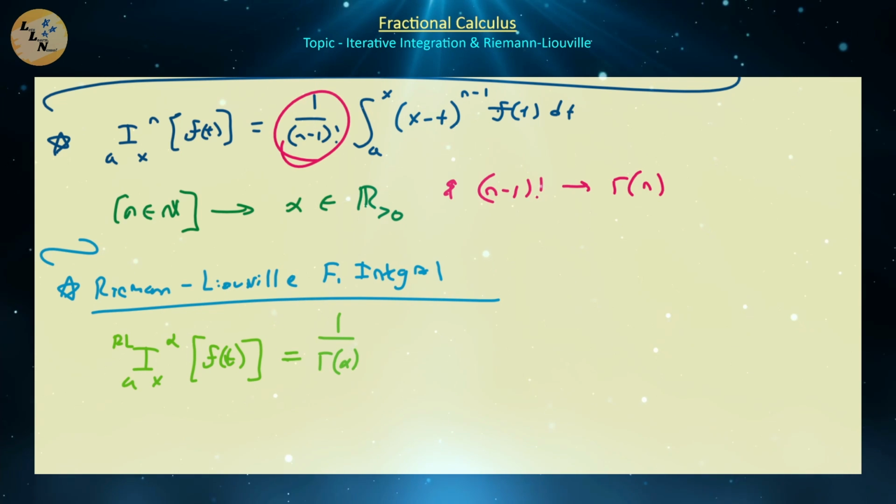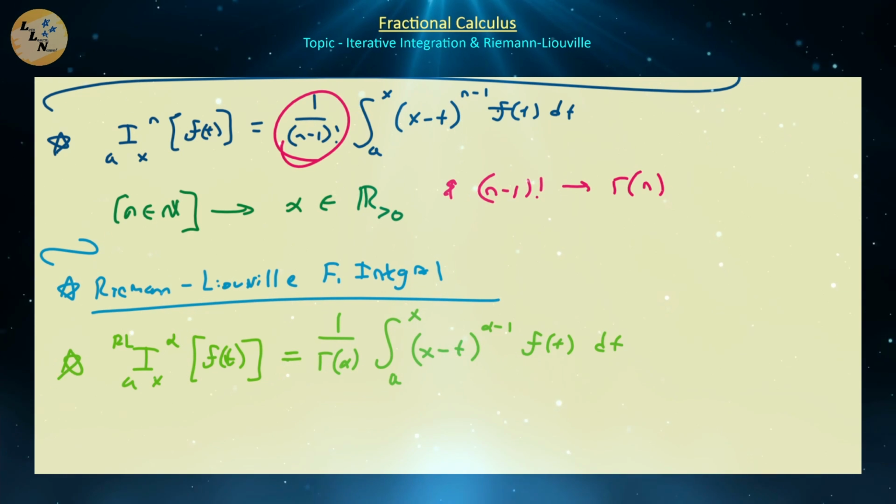So you see why we would like alpha to be greater than 0, not greater than or equal to 0. And that's just going to be equal to the integral from a to x of (x minus t) to the alpha minus 1, f of t dt. So that is our first star.